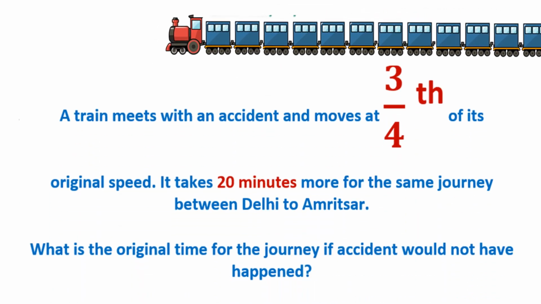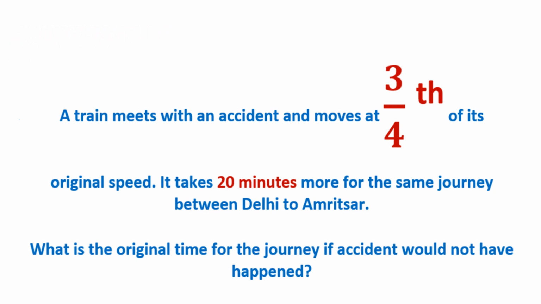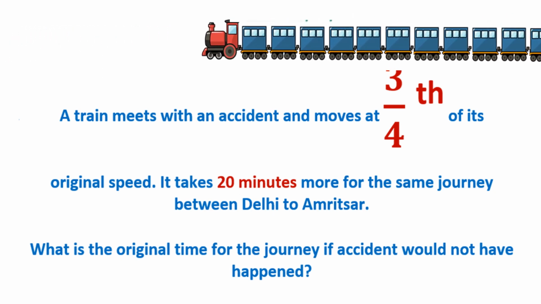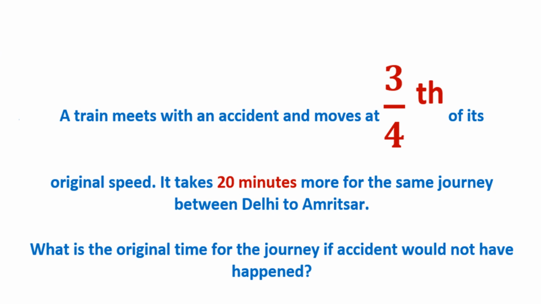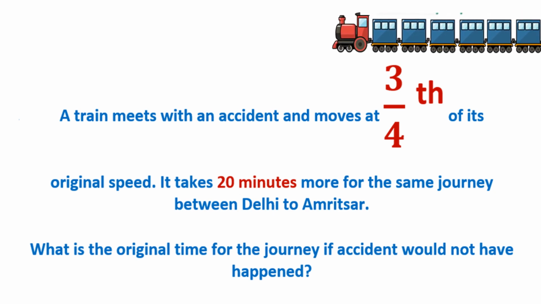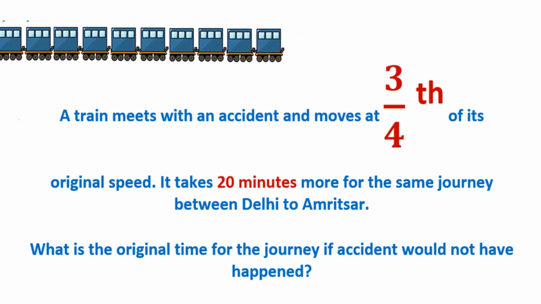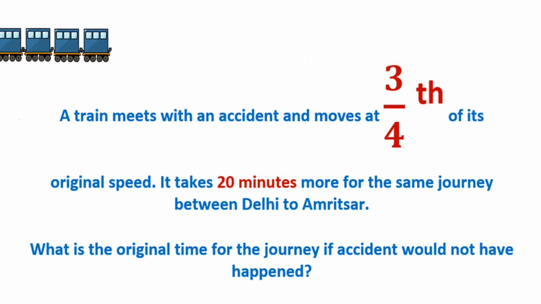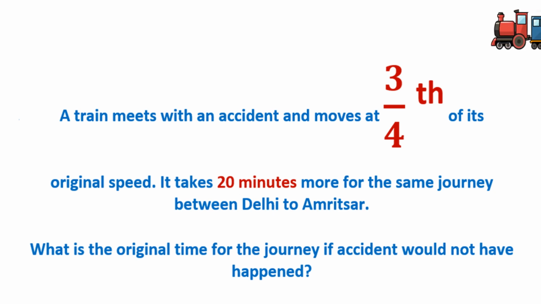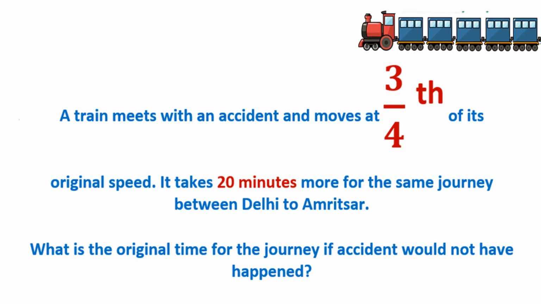The puzzle is: a train meets with an accident and moves at 3/4 of its original speed. It takes, mind well, 20 minutes more for the same journey between Delhi and Amritsar.